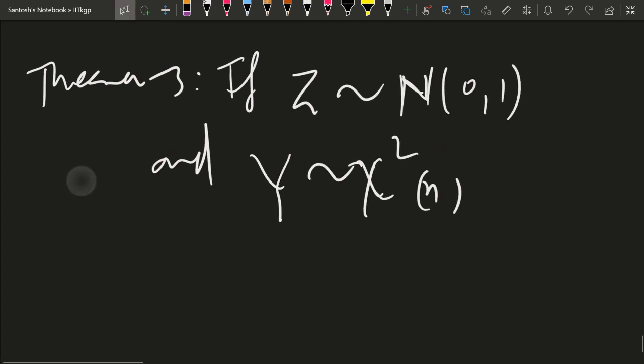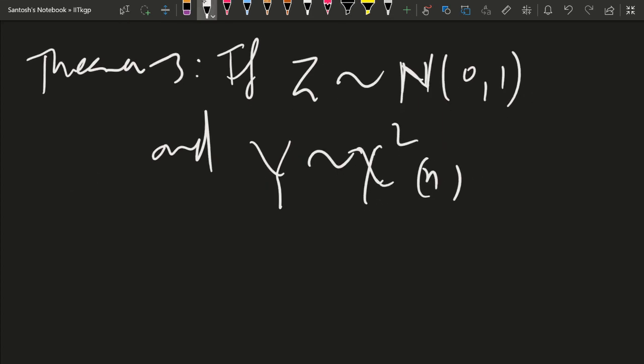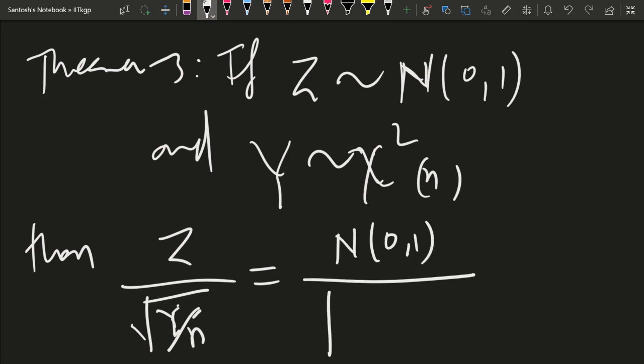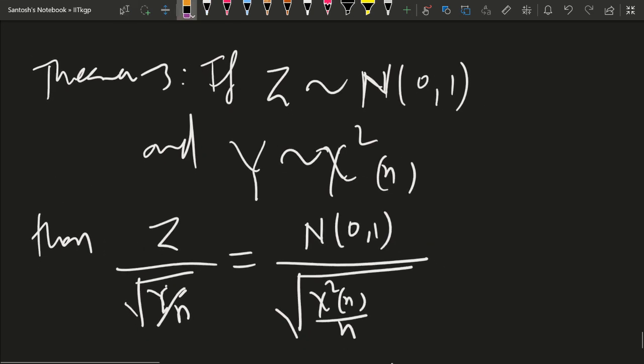Then z upon root of y upon n. We are talking about a normal 0 1 random variable, and here is chi-square n upon n, inside the bracket is y upon n.